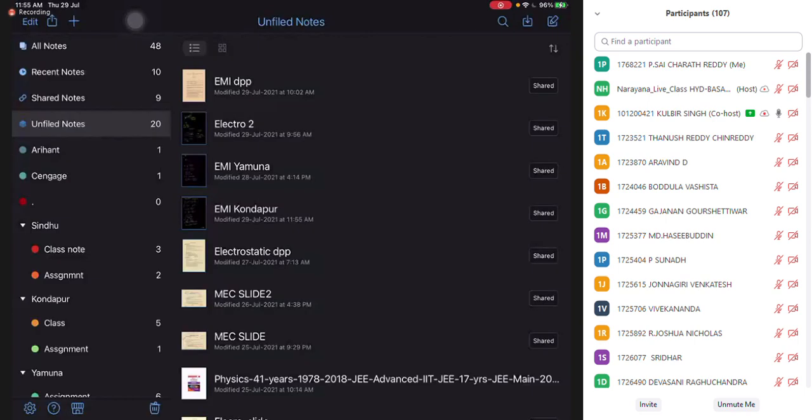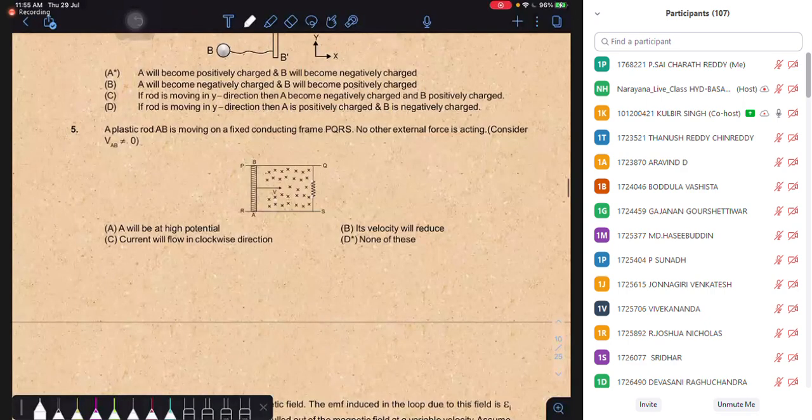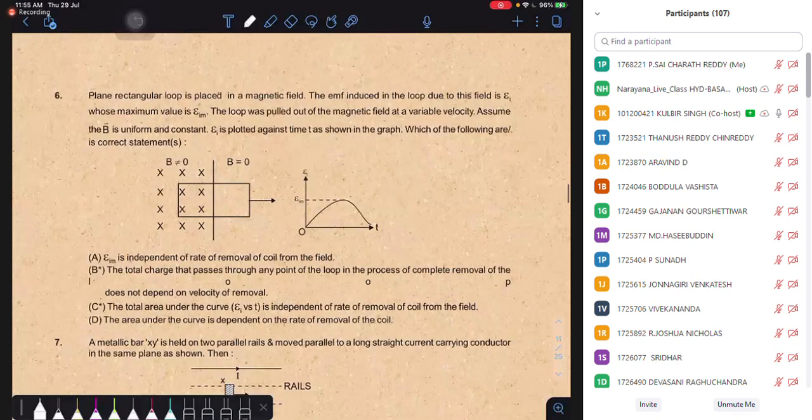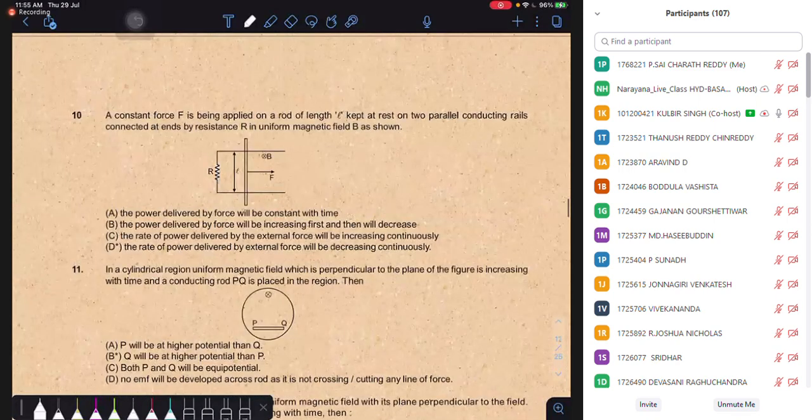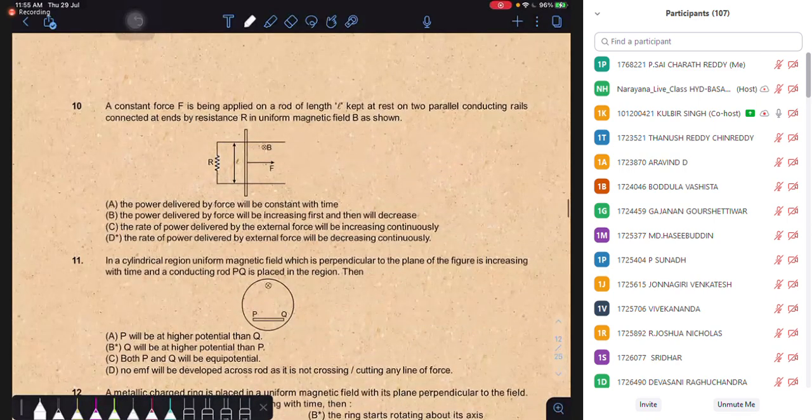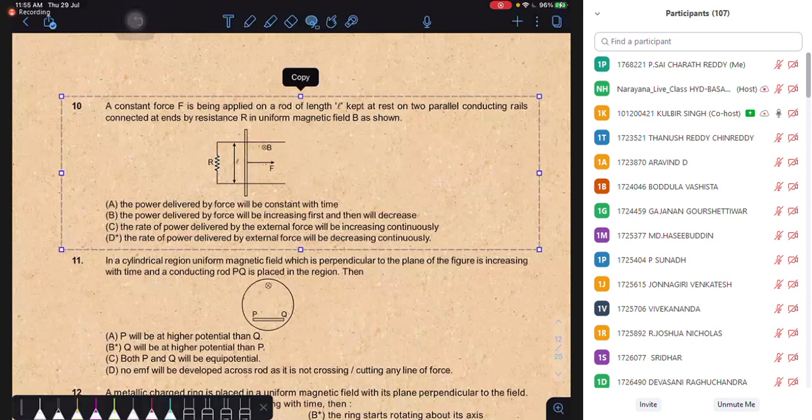So I have given you the assignments, and from the assignment I have given lots of questions. First you can try this question number 10.